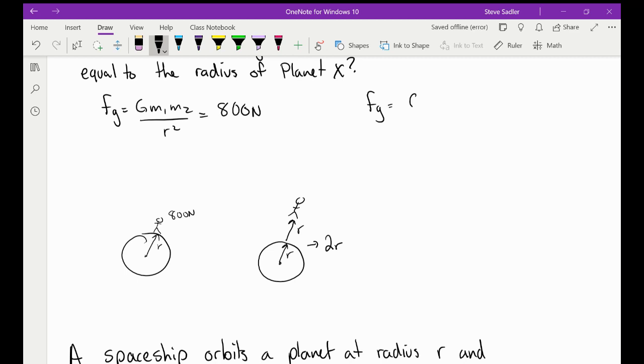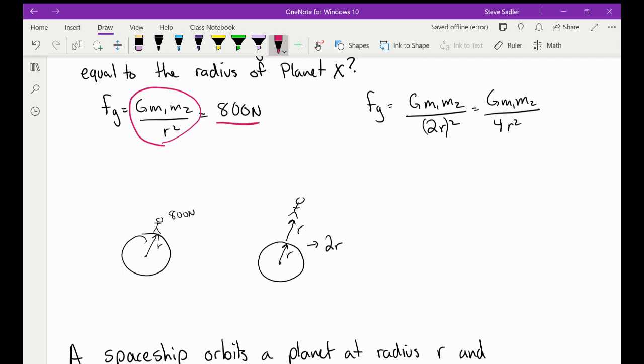So we can write this as G m1 m2 over 2r squared. And we can rewrite that as G m1 m2 over 4r squared, right? That 2 is squared. So now what we've said is G m1 m2 over r squared is 800.